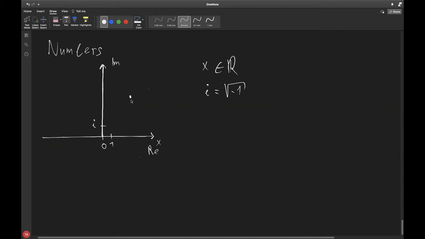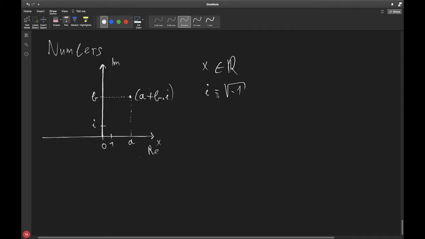So let's just say that I move a much on the real axis and I move b much in the imaginary axis, and this point is going to be our new number. It's a times the unit of the real axis, which is 1. So multiplying a with 1, I'm just going to get a, plus I add b times the unit in this axis, which was i.